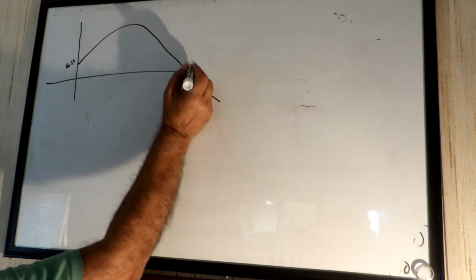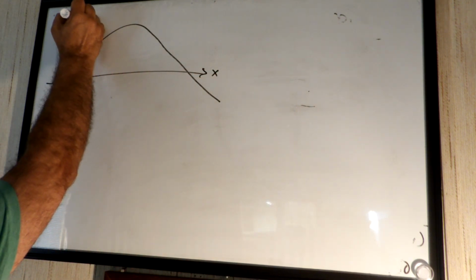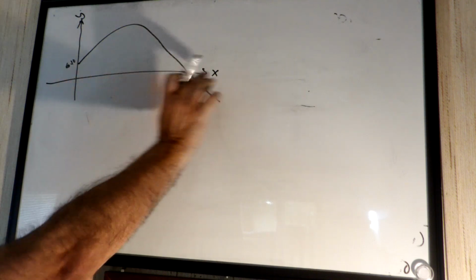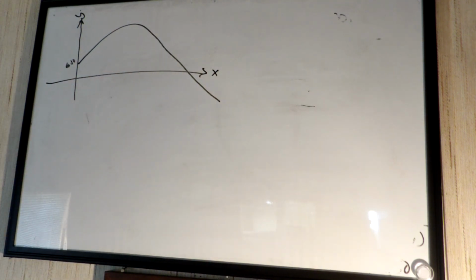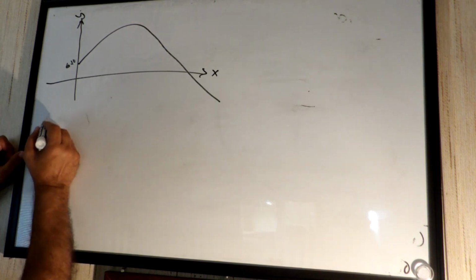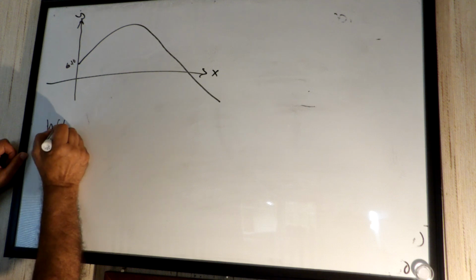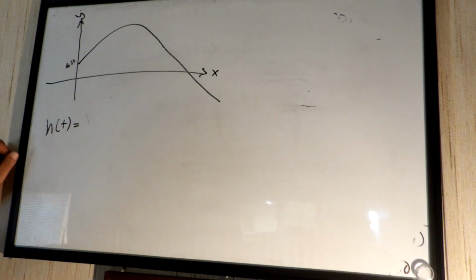This is x, this is y. This is the elevation, and this is the horizontal distance. Okay, now we are going to find out, first of all, at x, we write the equation. h of t, in terms of time, in terms of x.